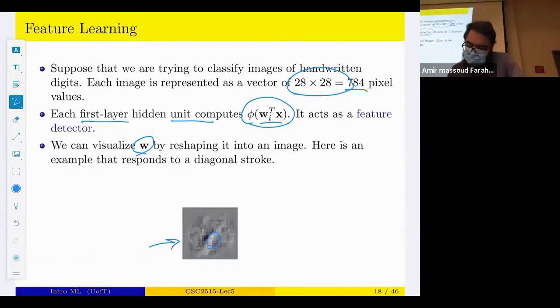So it looks like it is paying attention to this part of the image. It seems that it is looking at some aspect of the digit that has this kind of diagonal shape. Why? Because you see that those are the larger weights.